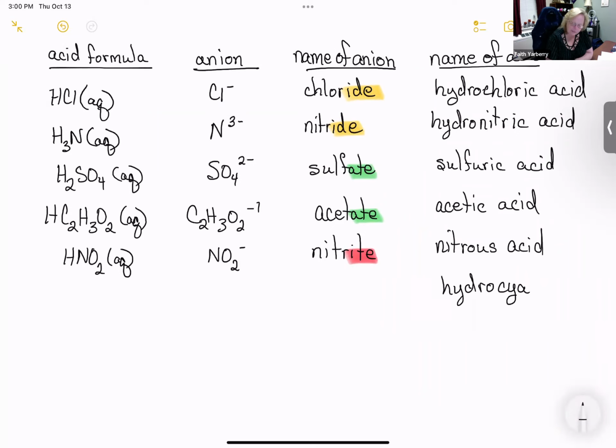The first thing I note is that I have a prefix hydro and ic acid. Anytime you have hydro and ic acid, that means that it came from the IDE. So this had to come from cyanide.